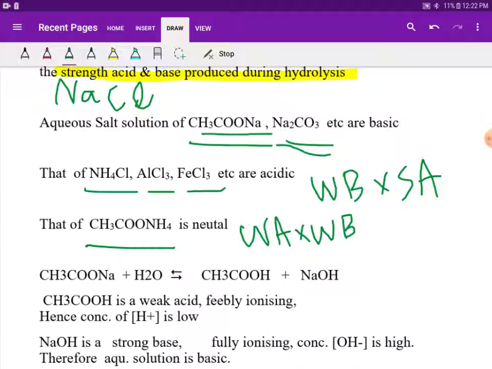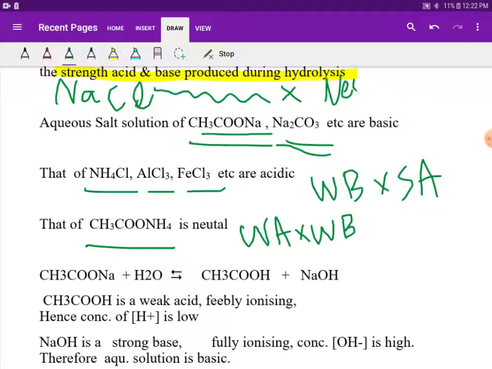Instead, it dissociates and undergoes a process called solvation or hydration. That aspect is different, but the solution is neutral. It is not hydrolysis, it is dissociation and hydration. I am not going to discuss it here.